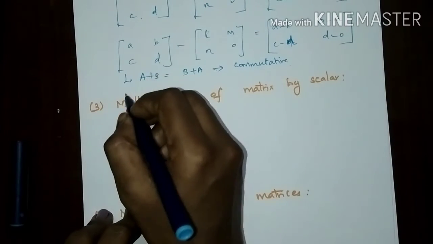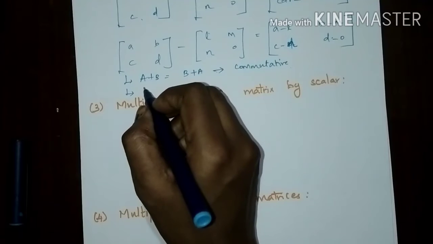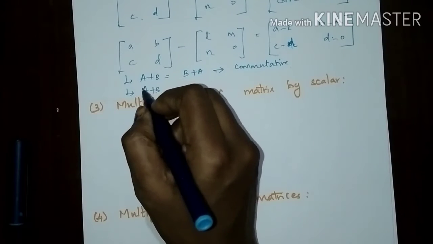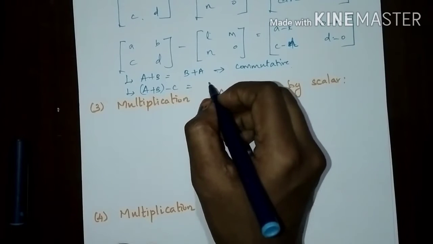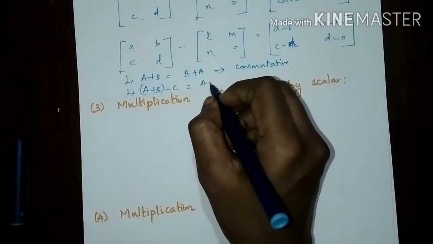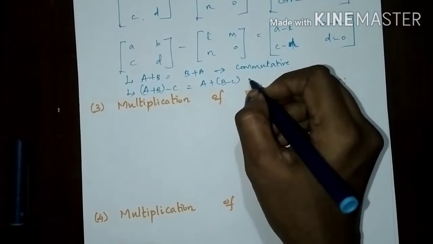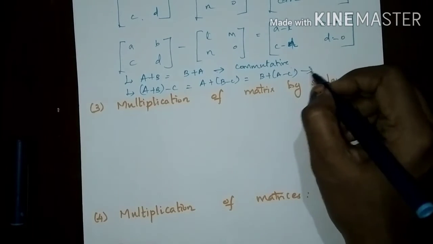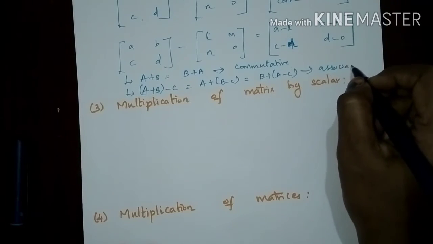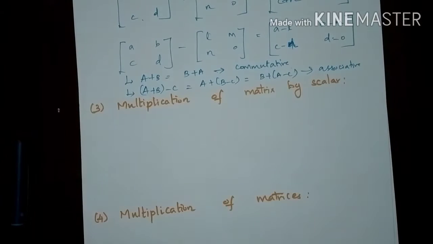Let's see with an expression. We can take three matrices. A plus B are added, which is subtracted with C. Can be written in an associative formula as A plus B minus C, which is equal to B plus of A minus C. Together they are associative, where addition is only commutative.